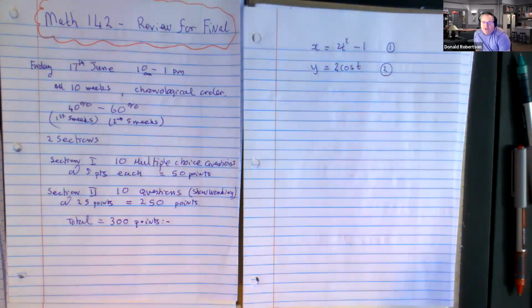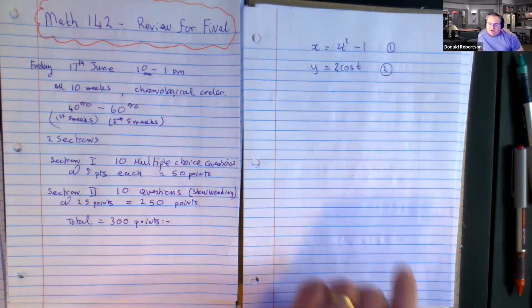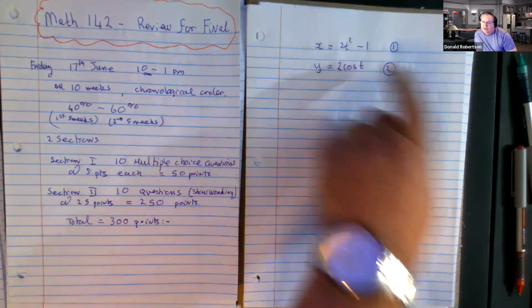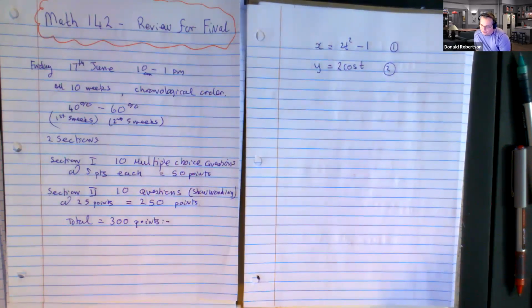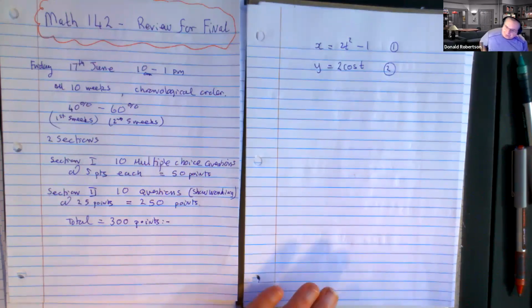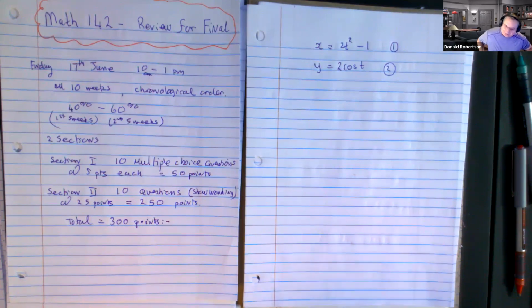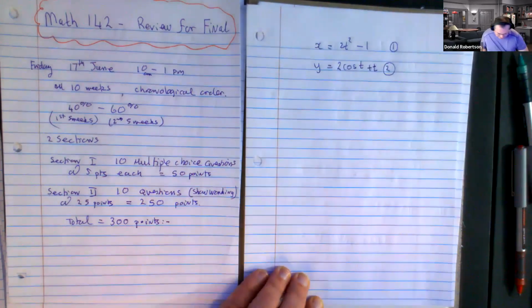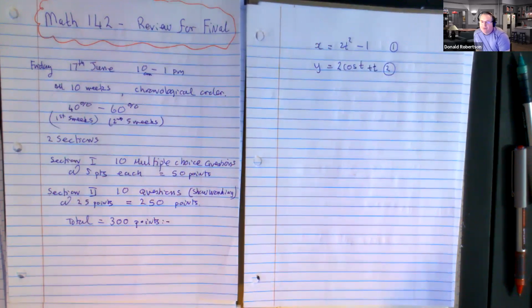One of the techniques that you use a lot is a substitution technique. You pick one of these two equations and you write it as t equals. That's your goal. And sometimes you can do it to both, and sometimes you can only do it to one equation.